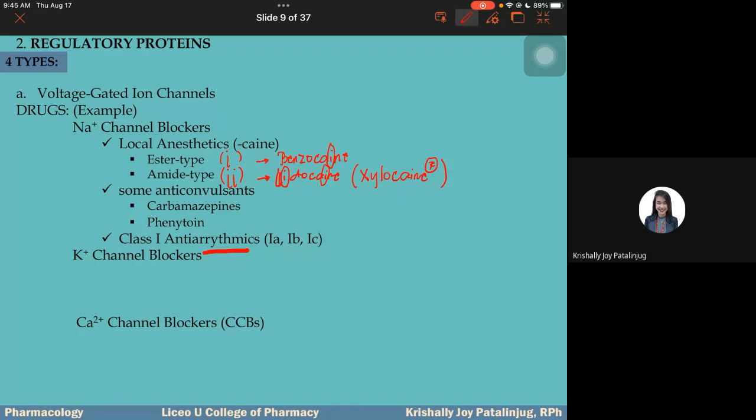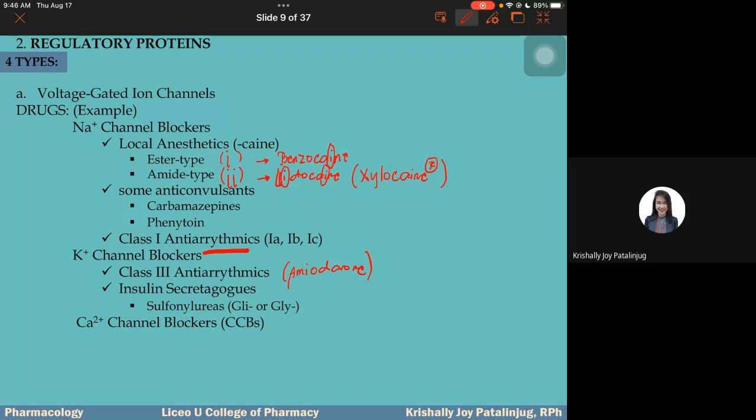So the class 1 anti-arrhythmics, particularly 1A, 1B, and 1C, they block the sodium ion channel. Examples of drugs that target the potassium ion channel, we have the anti-arrhythmics also, but class 3. Class 3 anti-arrhythmics, a good example is amiodarone.